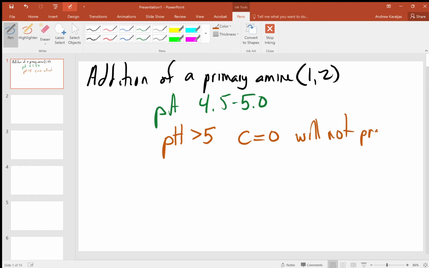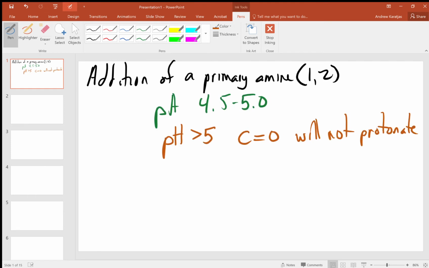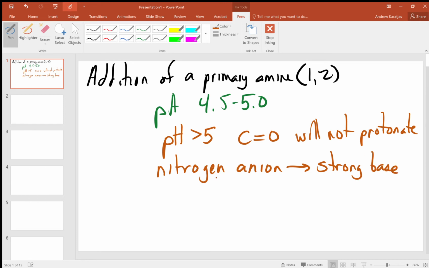And the carbonyl needs to stay protonated because in this reaction we're working with the neutral nitrogen as the nucleophile and not a nitrogen anion. The nitrogen anion is also a strong base, and in reactions with carbonyls is likely to lead to alpha deprotonation.